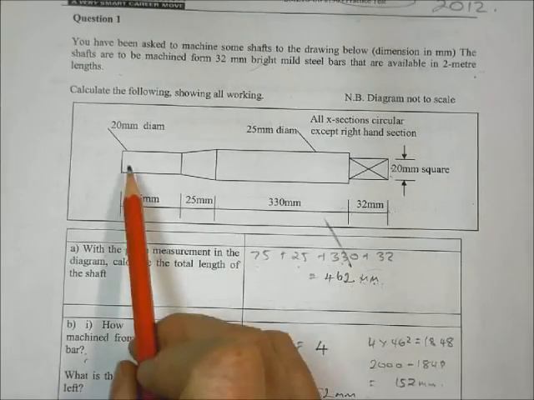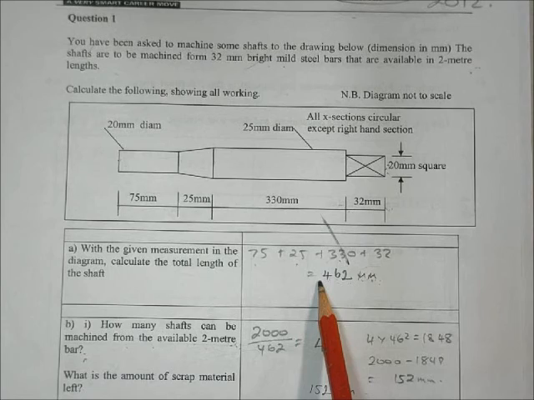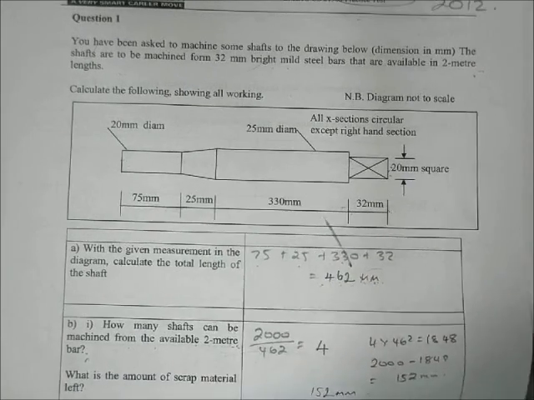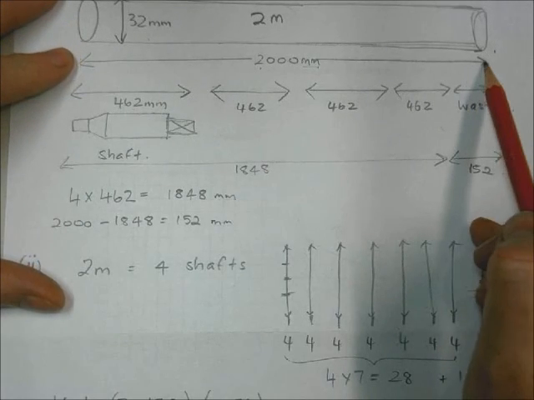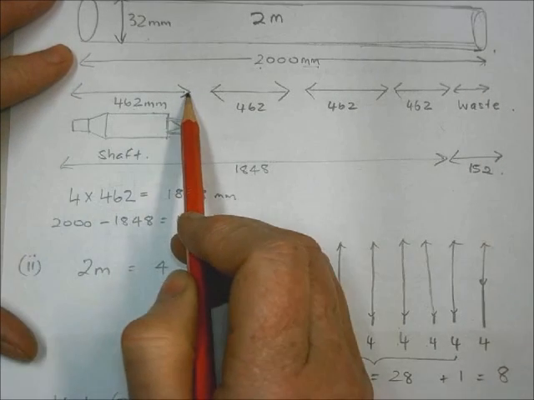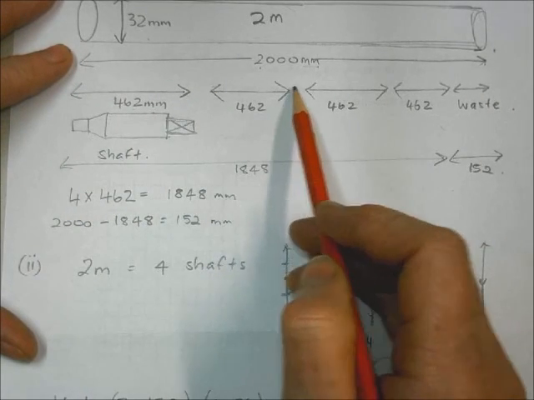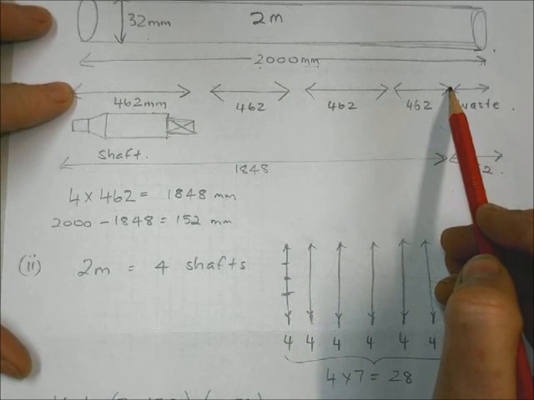Okay, that was from adding all the sections of the shaft together, and we came up with a value of 462 millimeters. So, one 2,000 millimeter bar is going to fit how many of these 462 millimeter shafts?